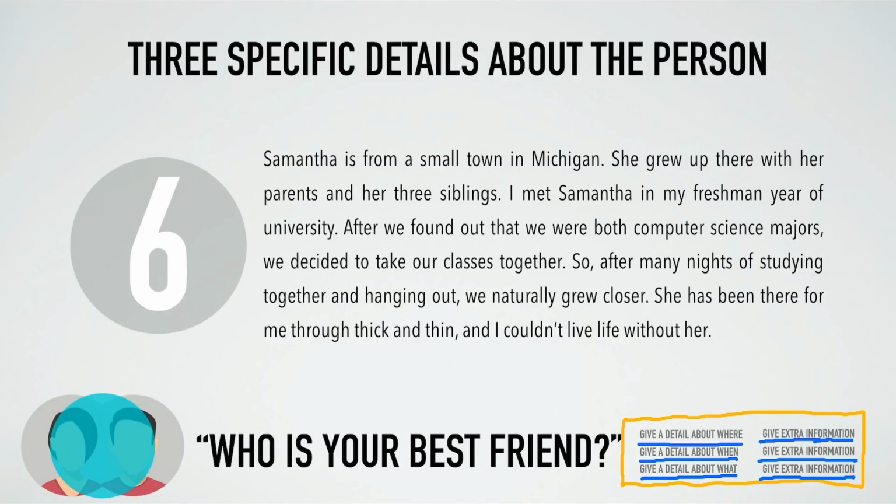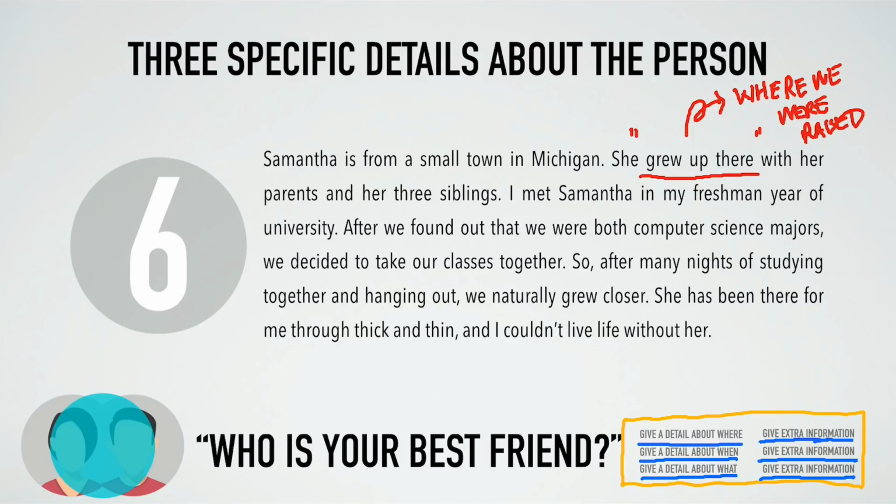So, in the first one, Samantha is from a small town in Michigan. Very simple. She grew up there with her parents and her 3 siblings, okay? Grew up there. Now we use this sentence pattern or this expression to explain where we were raised, either from childhood or for a long period of time, okay?